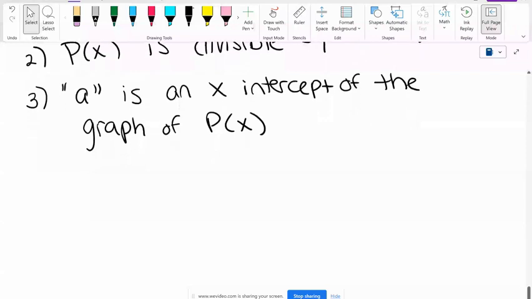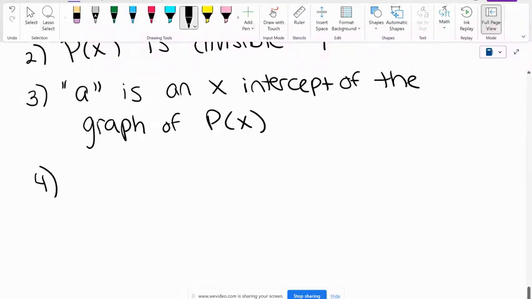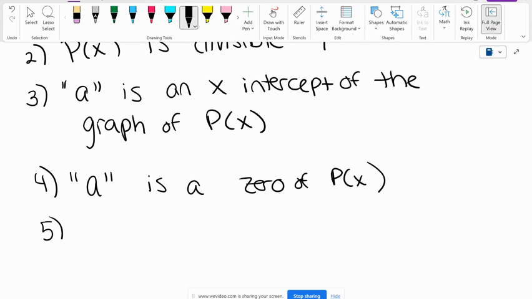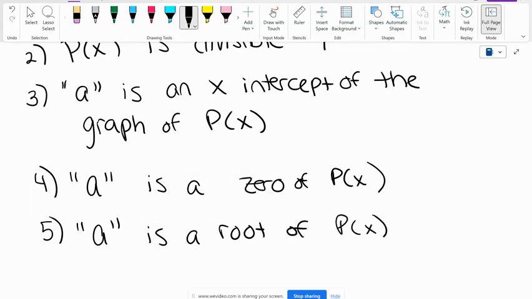If it's an x-intercept, does anybody know another word for an x-intercept of a graph? It's called, starts with a Z, a zero, good Dylan. So we can say A is a zero of P of X. And the last version of basically saying the same thing is calling it a root. A is a root of P of X. So P of X equals 0.